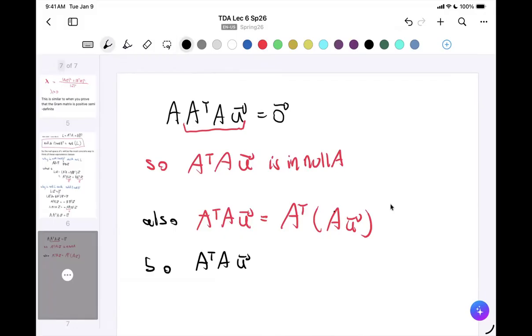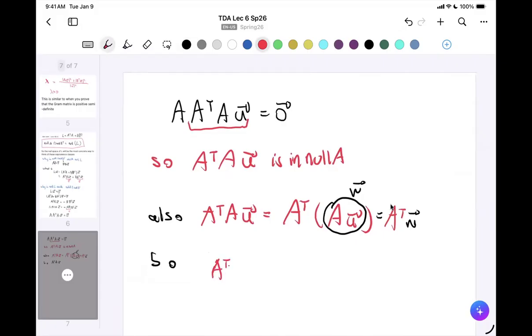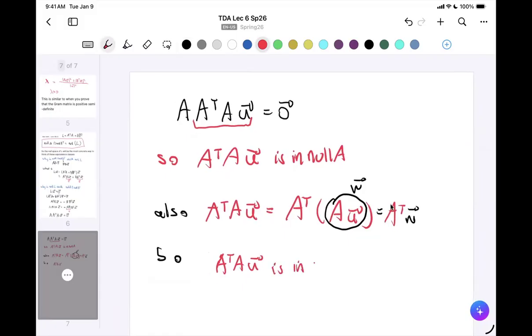If you call this, what should I call this? W. So this would be A transpose W. And those are precisely the vectors that are in the column space of something. So it's in... this part is a bit more technical, but I'm just writing it for completeness.